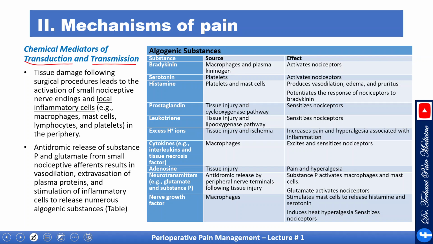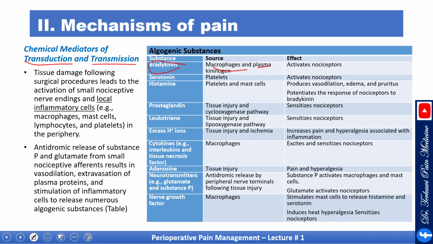Chemical mediators of transduction and transmission. Tissue damage following a surgical procedure leads to activation of small nociceptive nerve endings and local inflammatory cells like the macrophage, mast cell, lymphocyte, and platelet, which end up releasing a bunch of substances, as you see on the table. So, for example, bradykinin gets released from the macrophage and plasma kininogen, and it activates nociceptors.